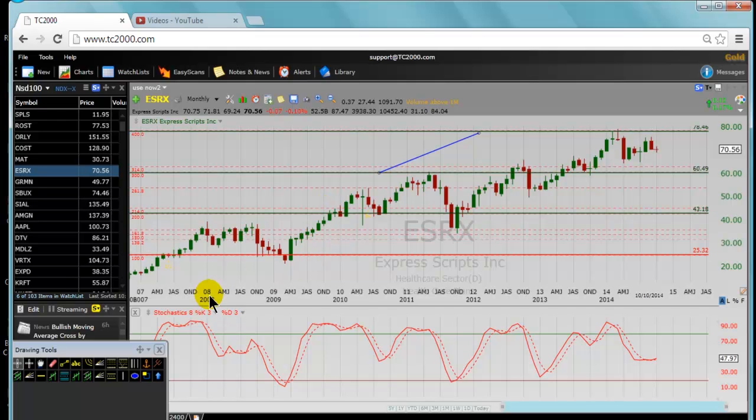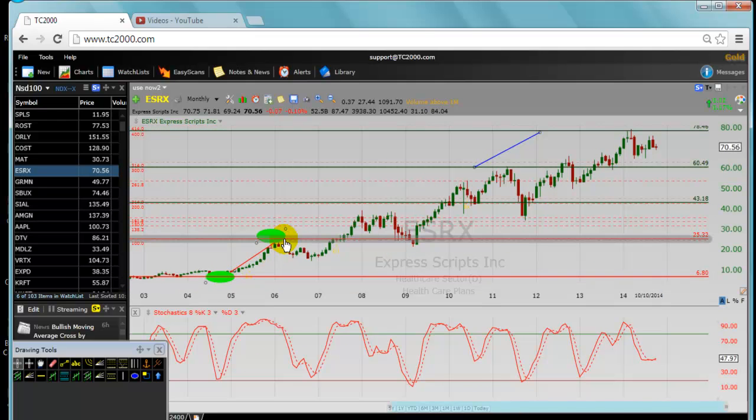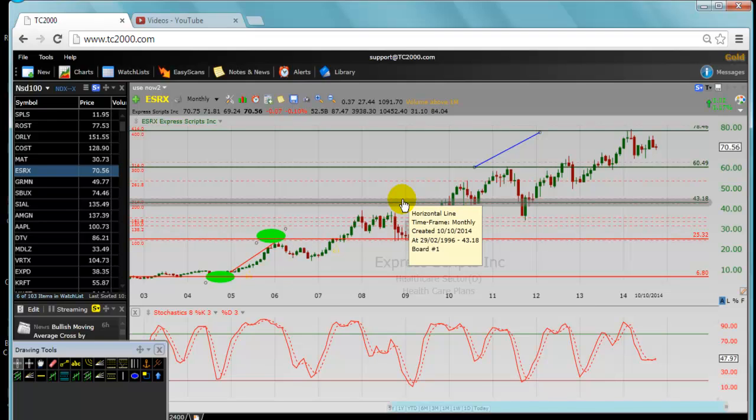Because the stock went up one time from the 0 to the 100 and then extended to the 200. Now it went a little bit above the 200% level, and we have the 214% level. If the stock struggles around the 214 zone, remember this, technically speaking, it's bearish.